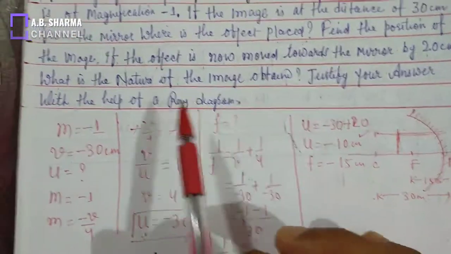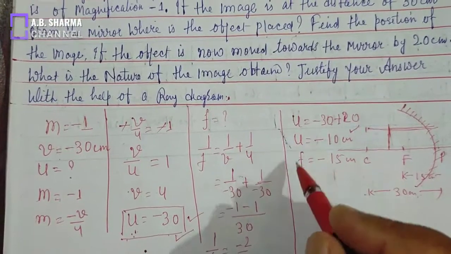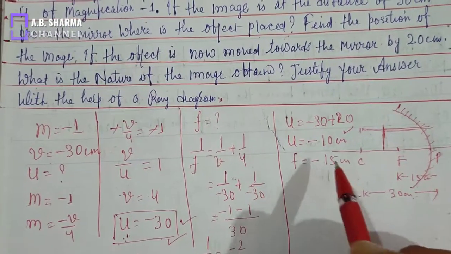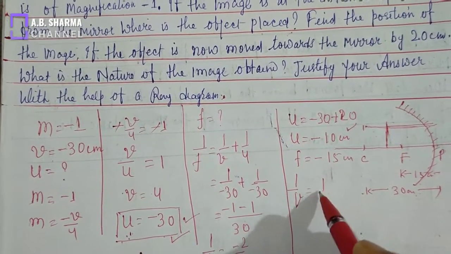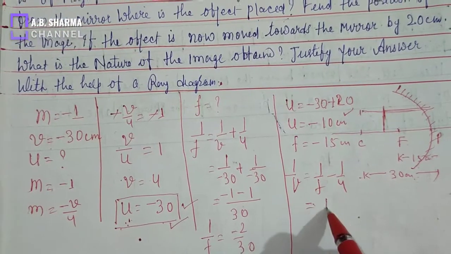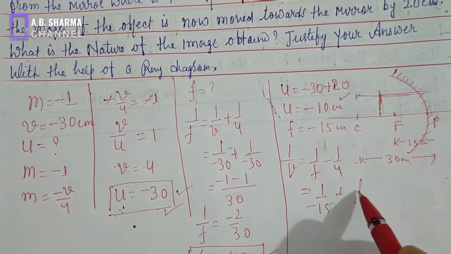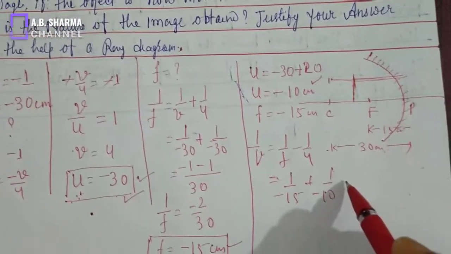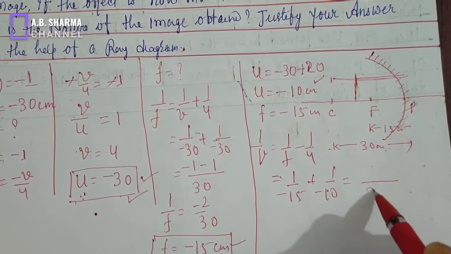Now what is the nature of the image obtained? We have to calculate v. 1 by v equals 1 upon f minus 1 upon u, so 1 upon -15 plus 1 upon 10. The LCM will be 30.